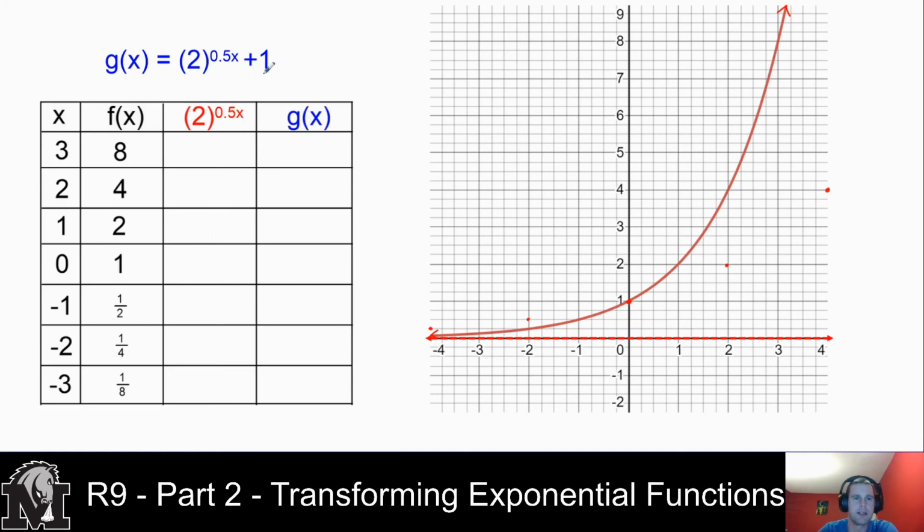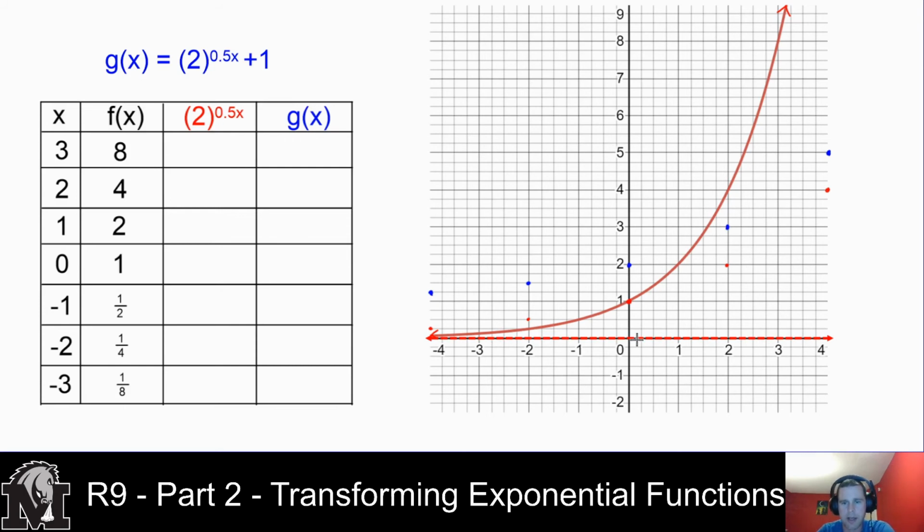What happens next is we add 1. So this is a vertical shift of 1. We're moving 1 unit up. So we're going to take all these points I just found, move them up 1. And we can't forget to move the asymptote.